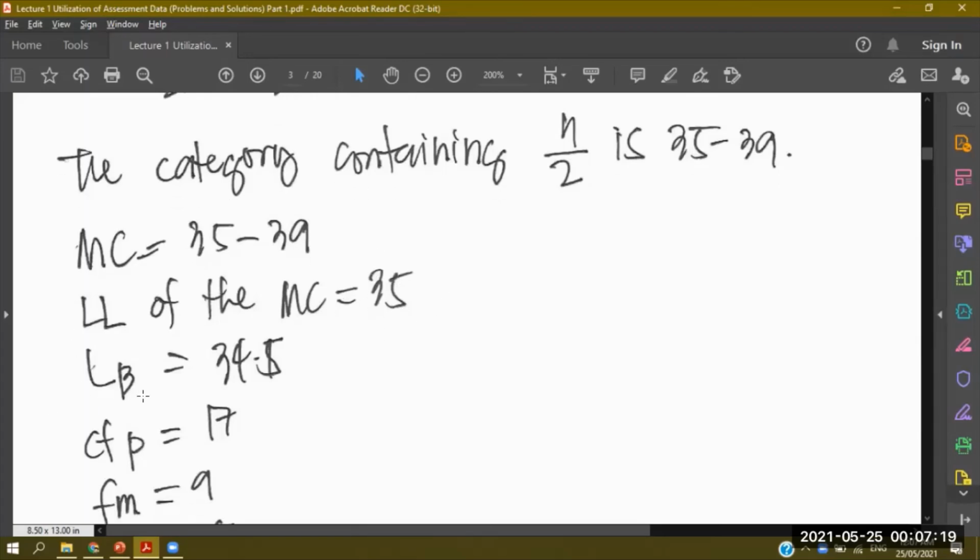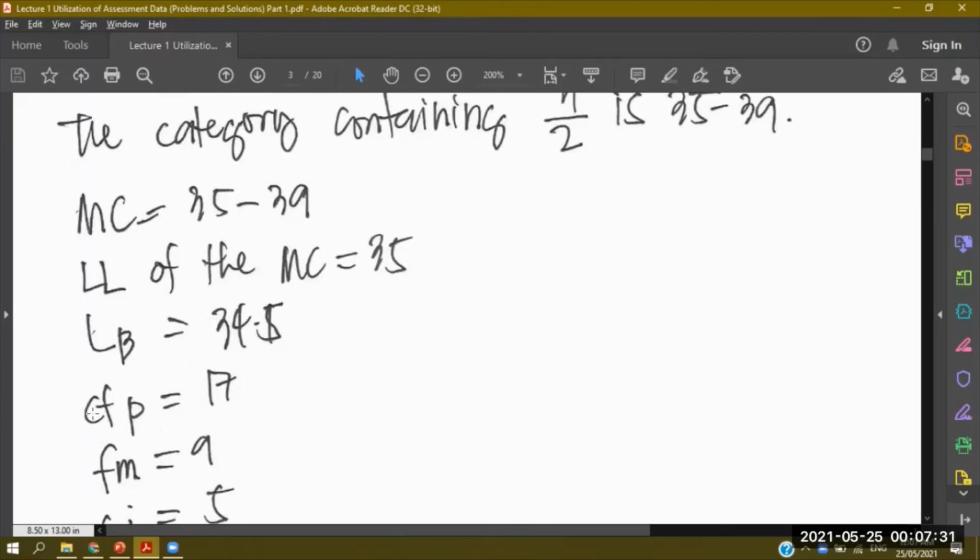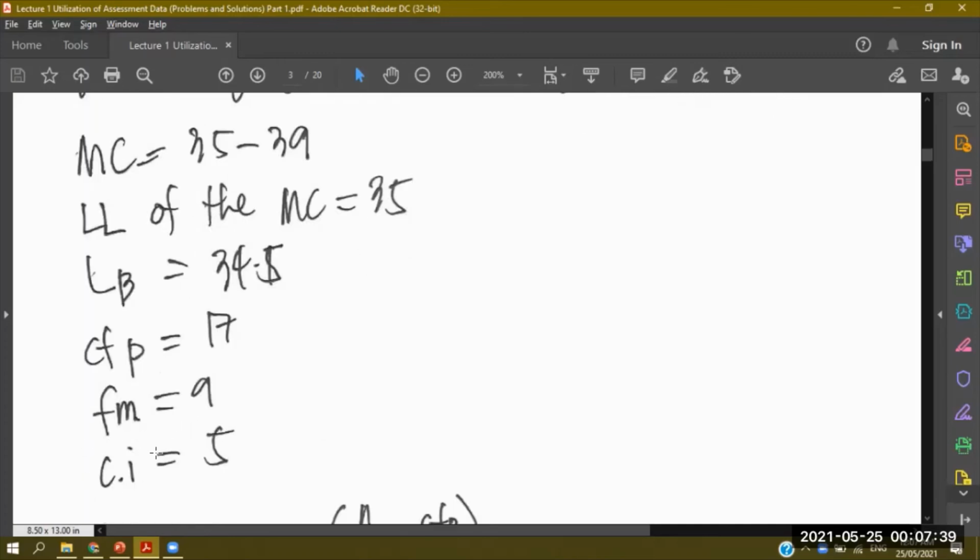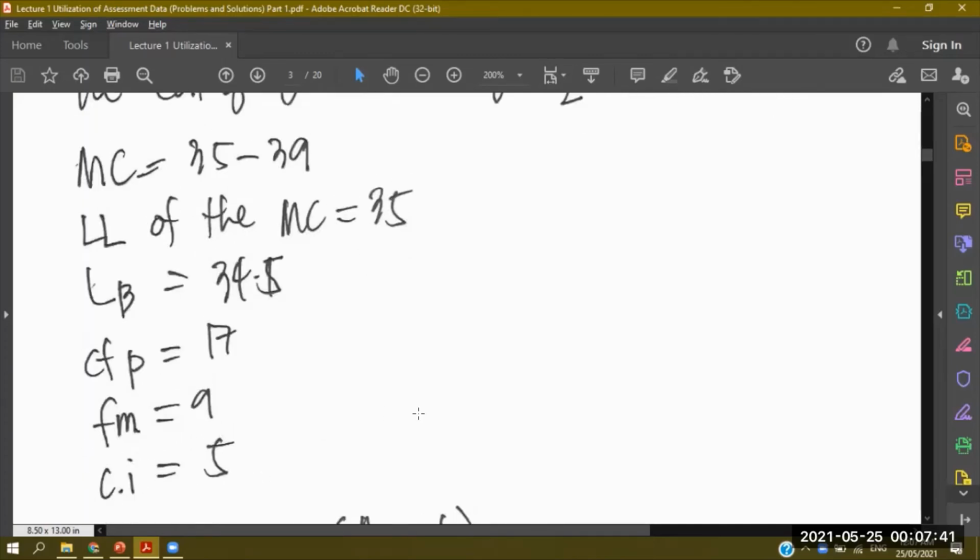L sub B, that is the lower boundary. Lower boundary natin, pag lower boundary in this side, minus 0.5. That is why we have 34.5. And then, of course, we all know that CFP is 17. And then the frequency of the median class is 9. And then our class interval is 5. Sir, bakit po 5?